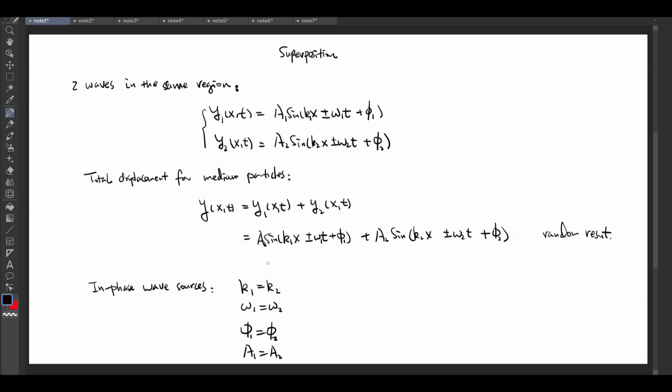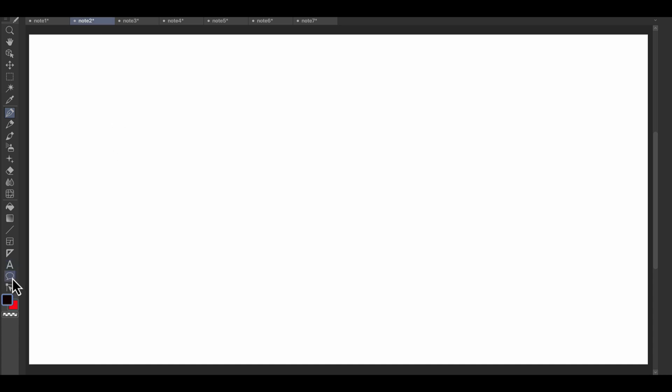Okay, now under these conditions, you can say, don't these two waves look exactly the same? So there's some catch here. Let's say here is one wave source called S1, and here's another one, S2, and they are in phase.